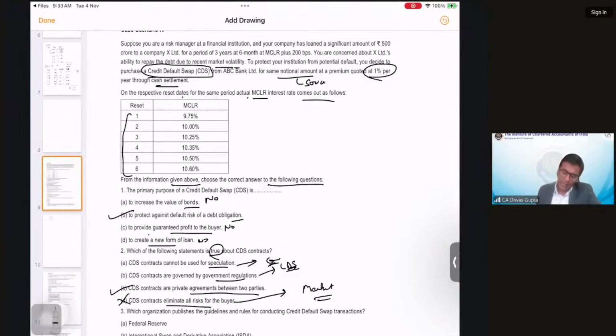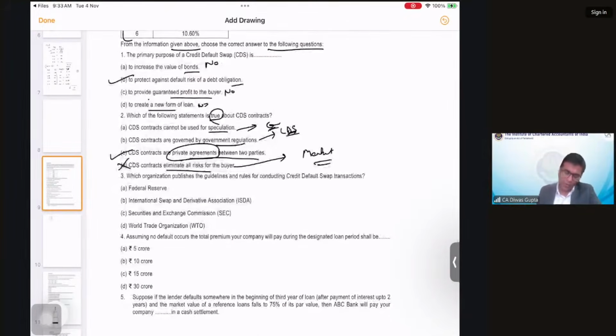Now, CDS contracts are governed by government regulations. Okay. So what we are trying to say is that the CDS contracts are private agreements between two parties. That's the true part between these four options. Which organization publishes the guidelines and rules for conducting credit default swap transactions?